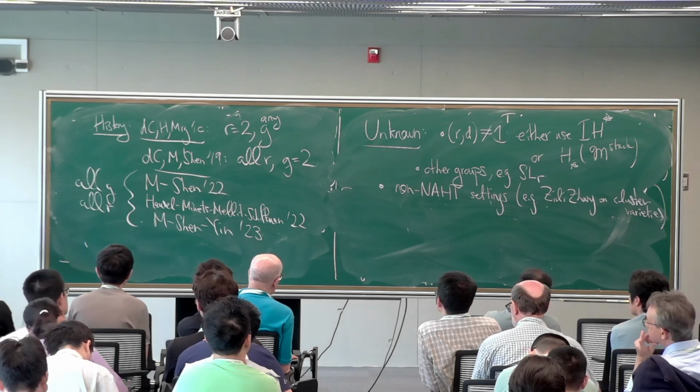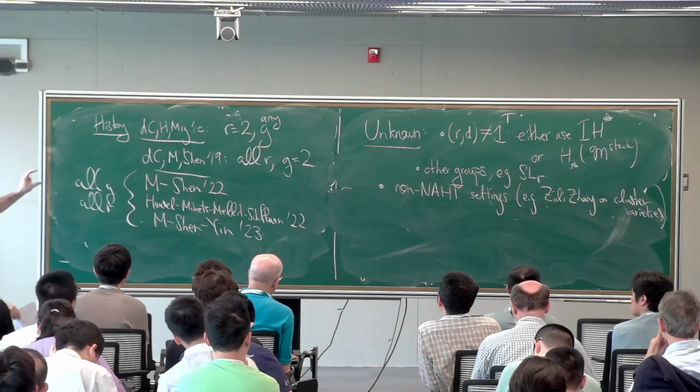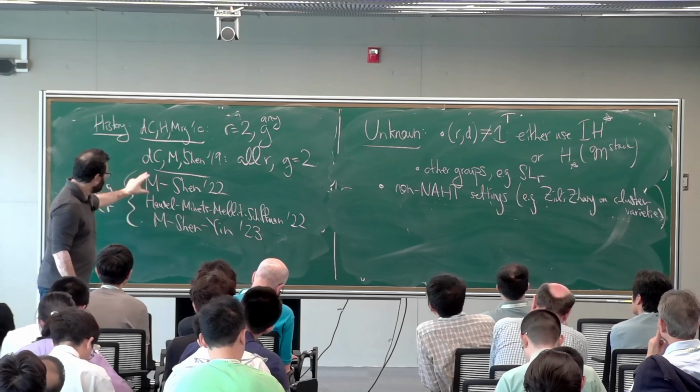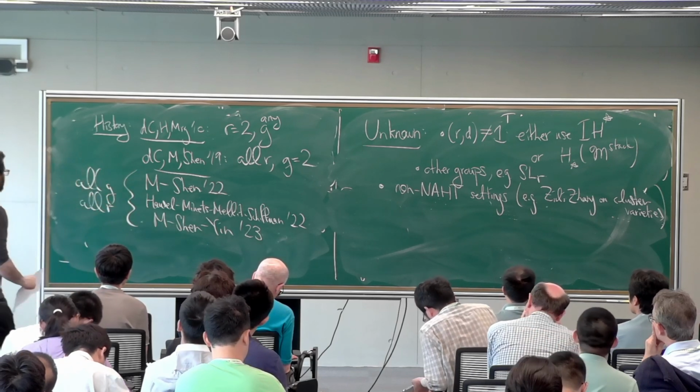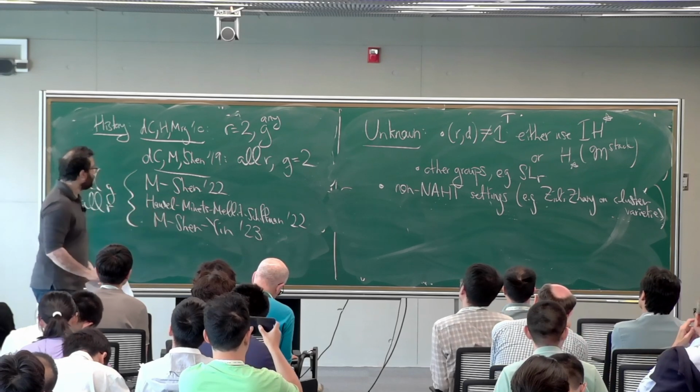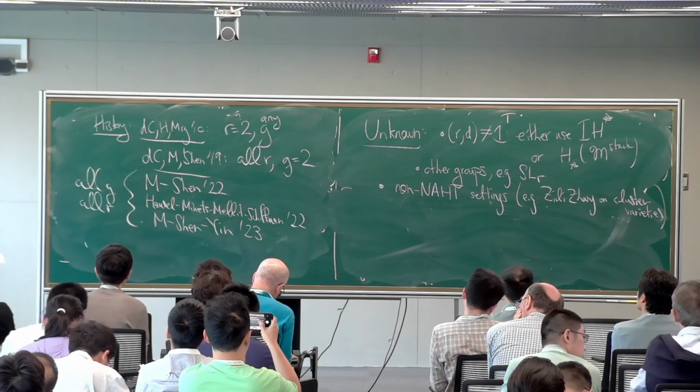So in the few minutes I have left, let me say a little bit about what goes into these arguments. In particular, maybe I'll focus on this first one because that's the one I'm here for.